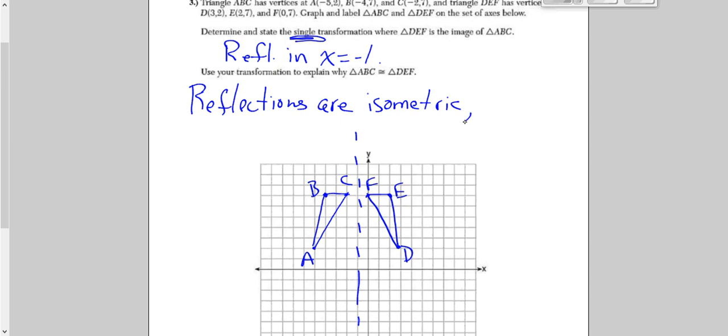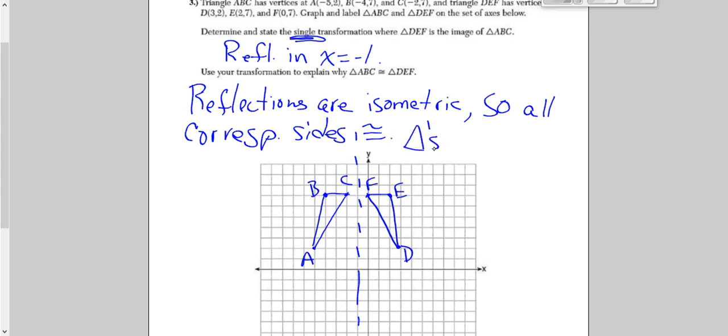So all corresponding sides are congruent. So the triangles are congruent by what? By side to side, right? Okay.